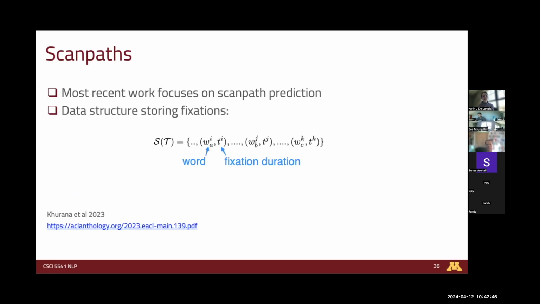The main thing that we're seeing in the NLP literature over the last year for reading data is focused around predicting a scan path.